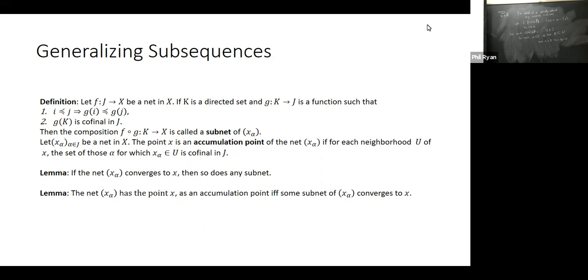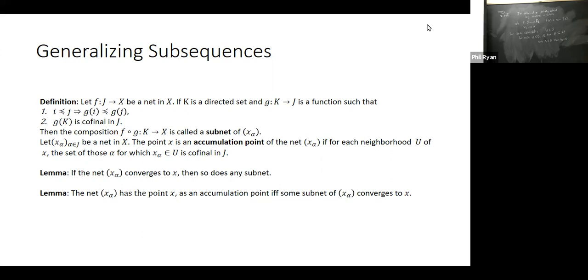And you want it to be cofinal in J, that the image of K is cofinal in J, so that you've always got this upper bound. So that's going to be a directed set. You want it to be cofinal so that it will converge eventually.